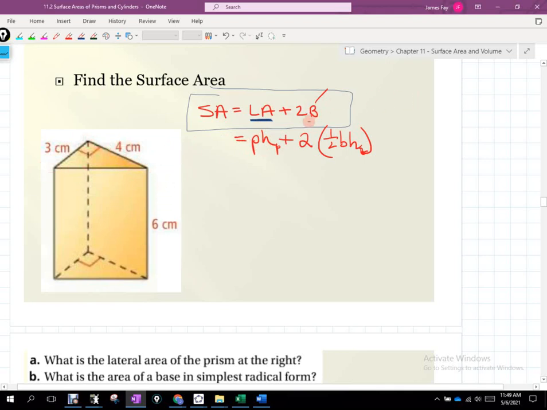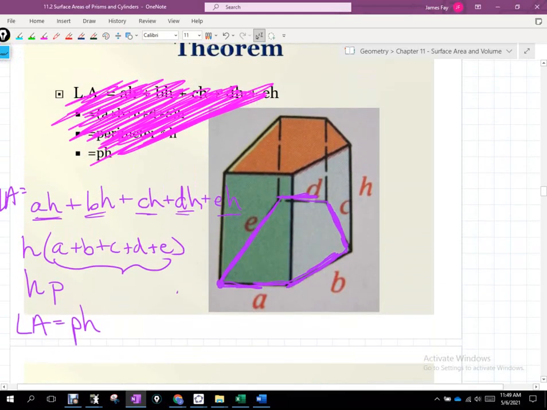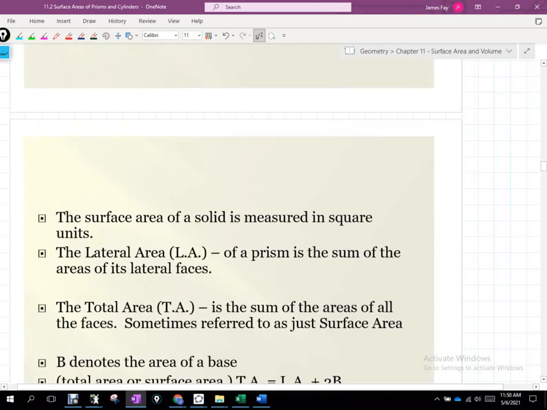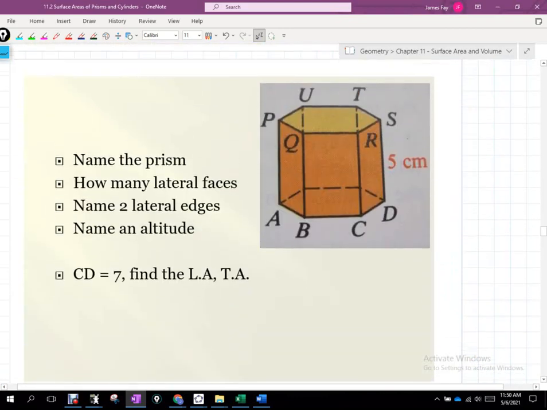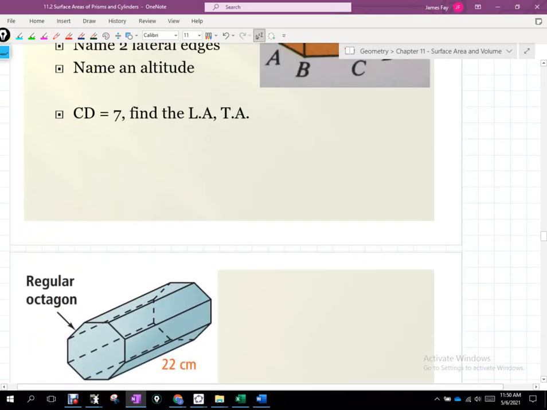But this capital B here, that is where it's more dynamic, because if it's a triangular prism, that B, like we said yesterday, is 1/2 base times height.